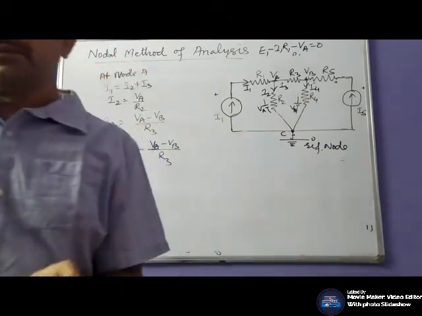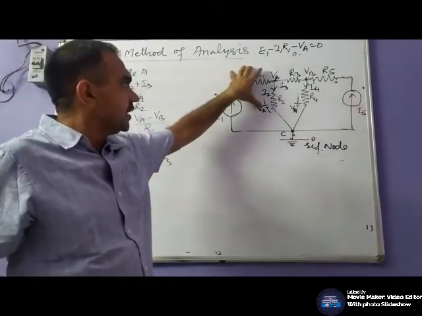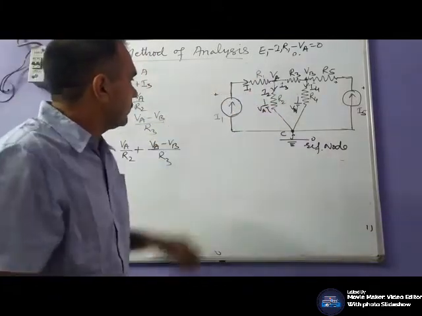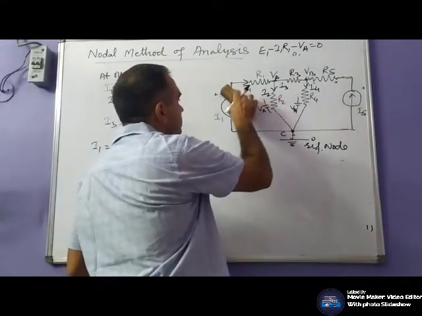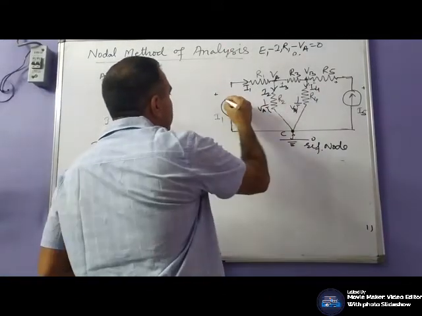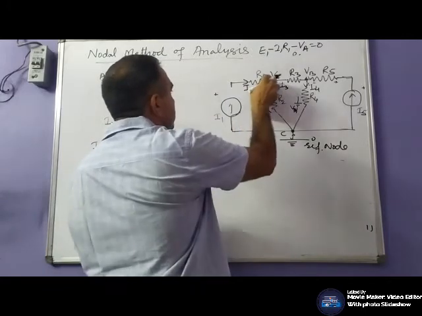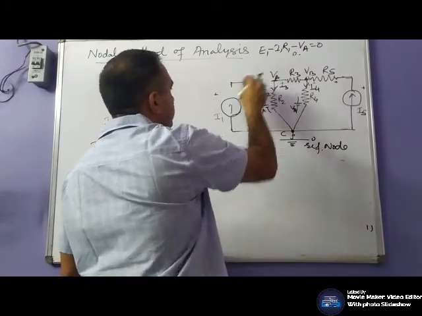We have forgotten one thing. We have converted this voltage source into a current source. So now this series resistance would not be there.